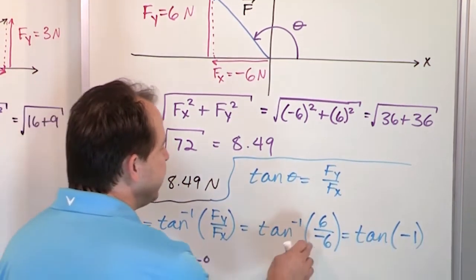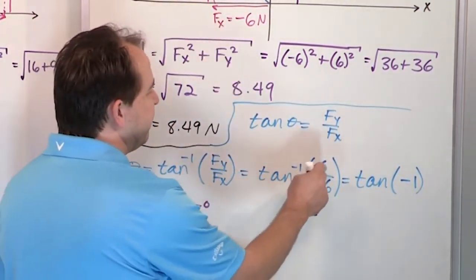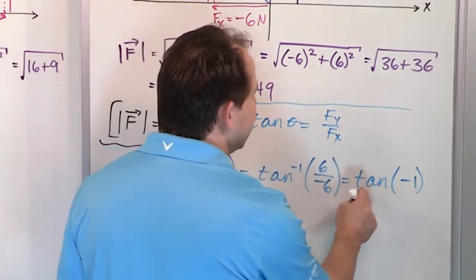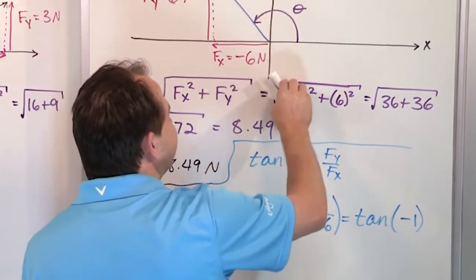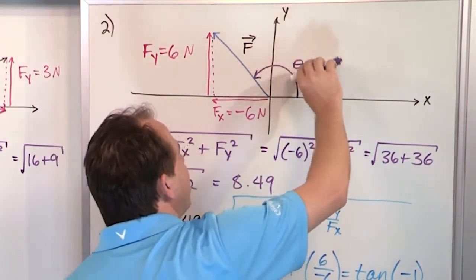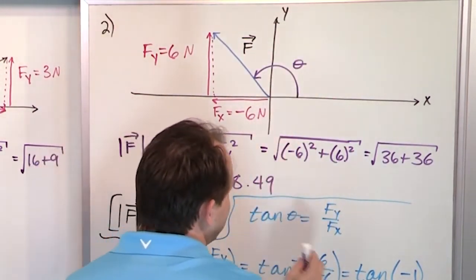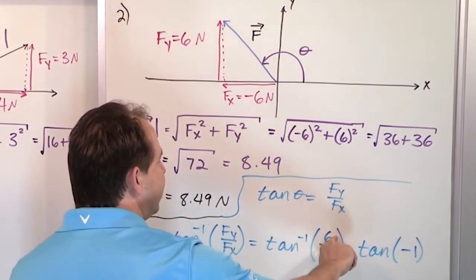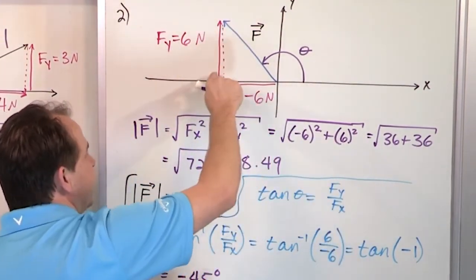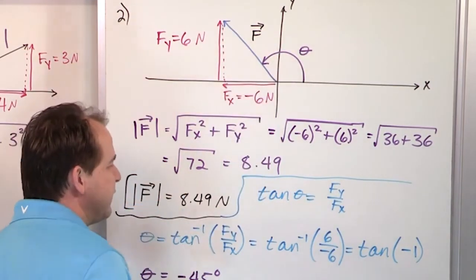Because when you did this, the inverse tangent of 6 divided by -6 is the inverse tangent of -1. The calculator is always going to assume that your angle is going to be somewhere over here. So in other words, we really have a vector with y equal to a positive value of 6 and x equal to -6.